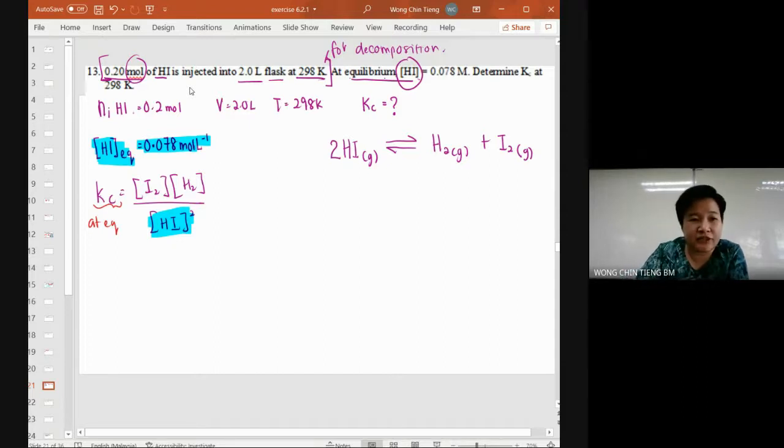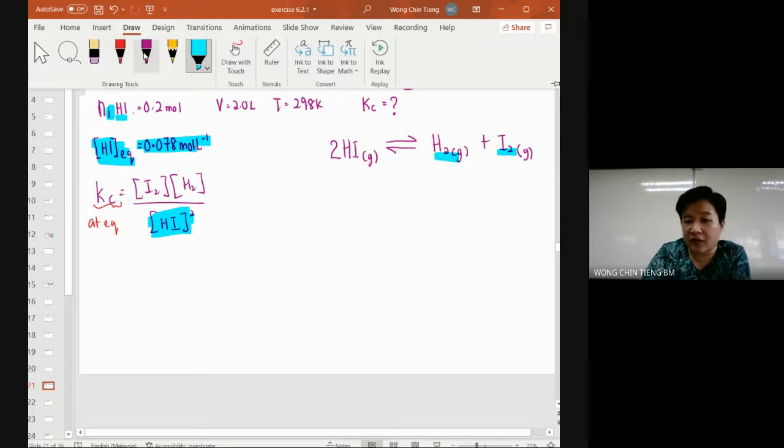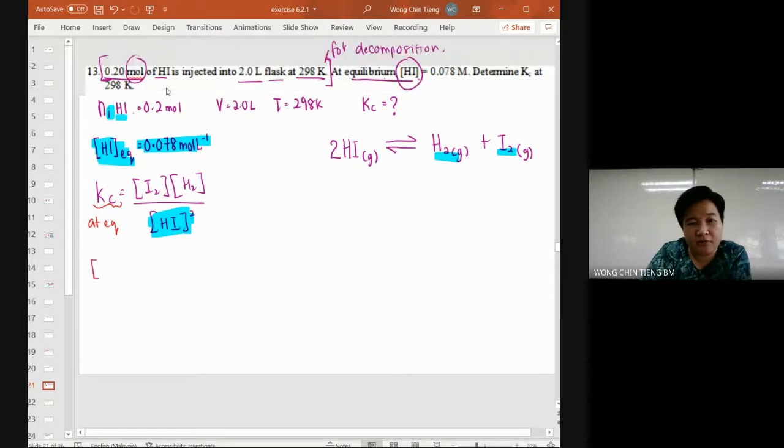Kita ada initial untuk HI dan saya nak cari equilibrium untuk H2 and I2. Knowing that, we started off with 0. So, ice table masuk. Kenapa ice table masuk? I know that the concentration initial of my H2 will be 0. The concentration I2 initial will be 0.